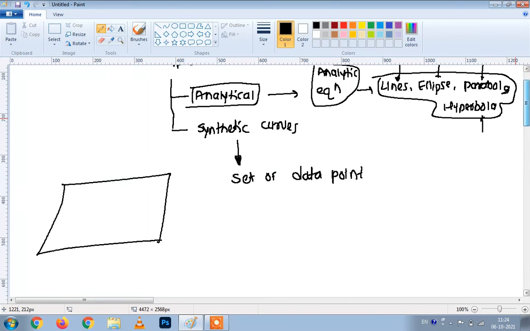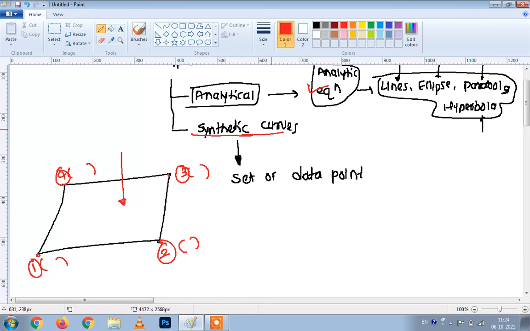Now, for this curve, if we have these 4 coordinates with us, coordinate number 1, 2, 3, 4, having some values of x and y, then this particular curve is not defined by any analytical equation, but it is defined with the help of these data points 1, 2, 3, 4. These kinds of curves are known as synthetic curves.